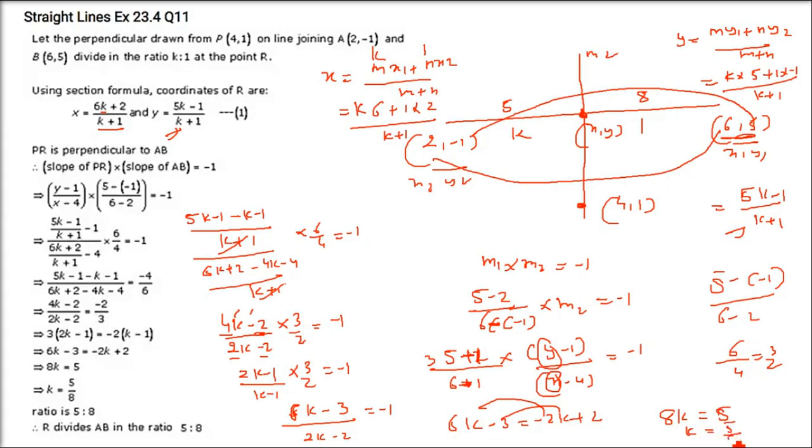So k will be 5 by 8. So k is to 1 equals 5 is to 8. So this is how the point is dividing it in the ratio 5 is to 8. Whatever point you take, name it any point, it is dividing it in 5 is to 8.